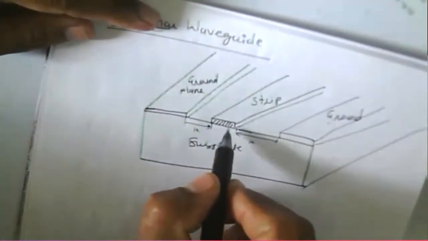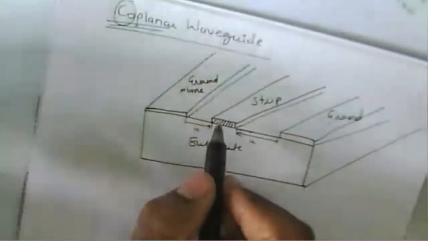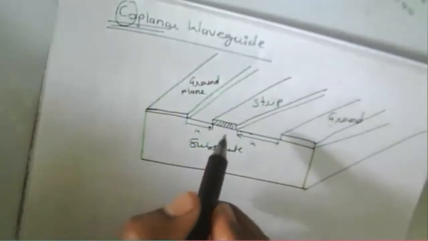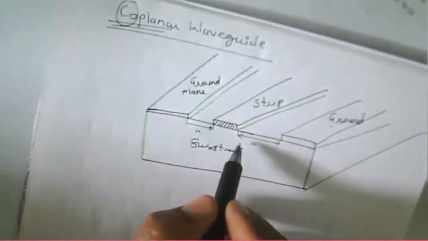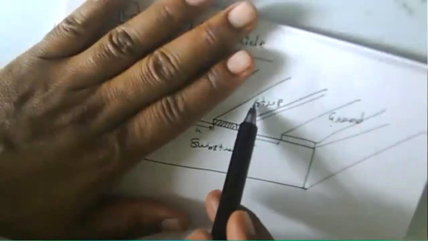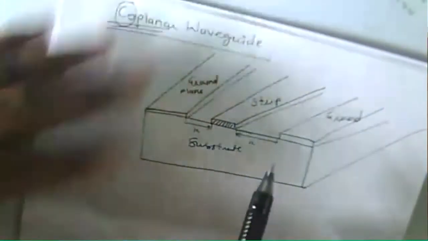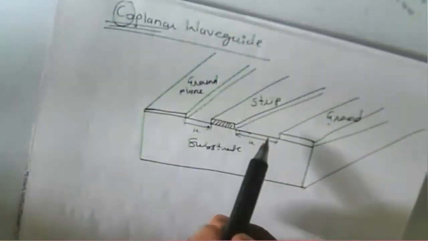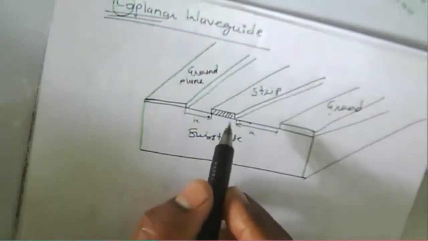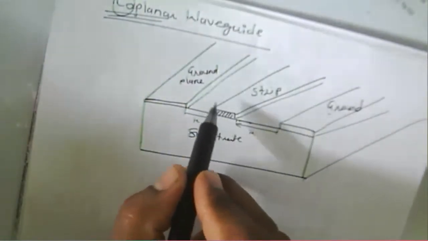So this coplanar waveguide can also be considered like a microstrip line. We can easily connect a coplanar waveguide to microstrip lines, or to a coaxial cable also. So we can use this coplanar waveguide as a microstrip line, or as a coaxial line.